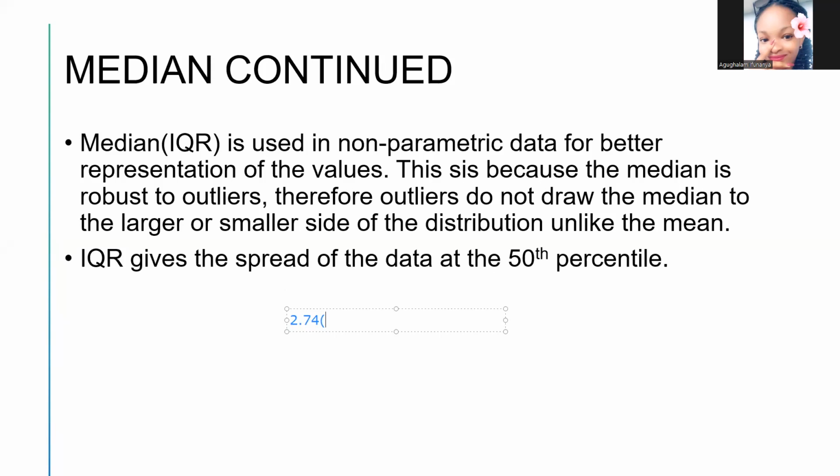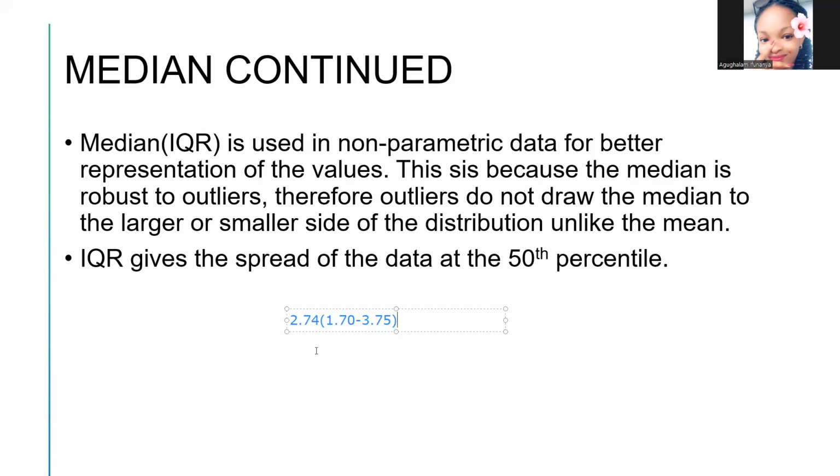You can also say percentiles become quartiles when they are expressed in proportion, and quartiles become percentiles when they are expressed in percentage. So now at our 25th percentile we have 1.70, and at our 75th percentile we have, let's say, 3.75. This 1.70 to 3.75 gives you the spread of the data around this 50th percentile.